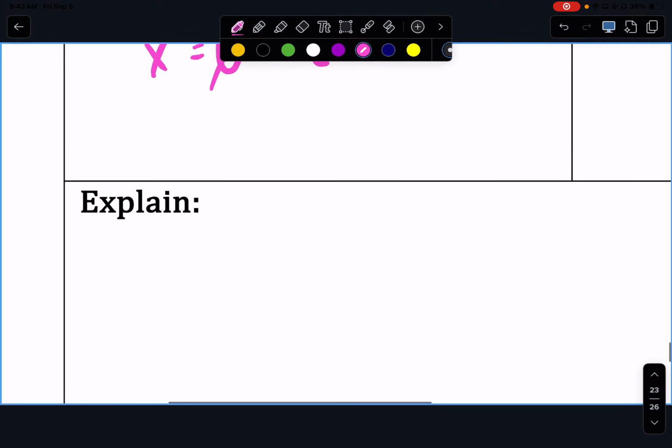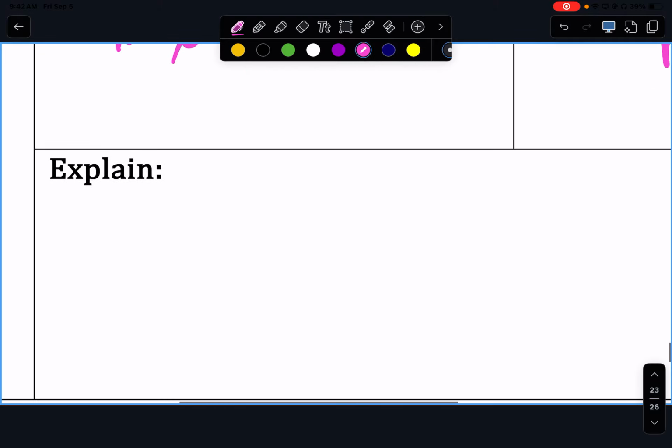So down here at the explain section, we're going to actually write this out. Okay, so what we're going to do is we're going to say absolute value functions cannot equal a negative.